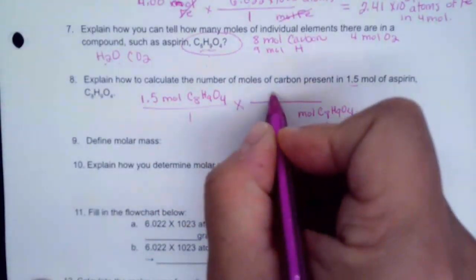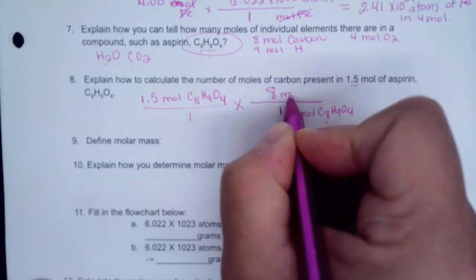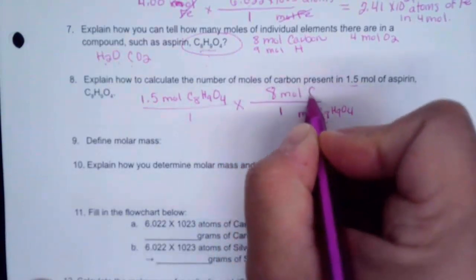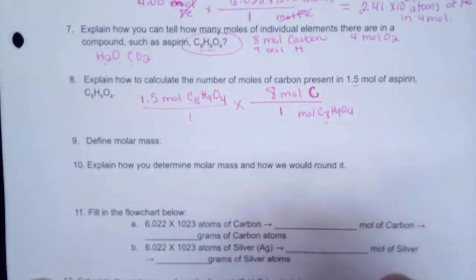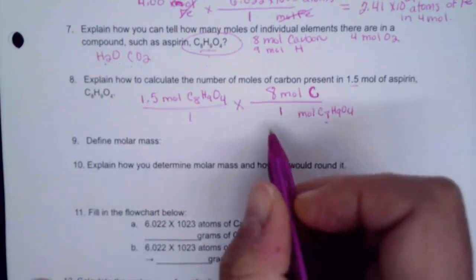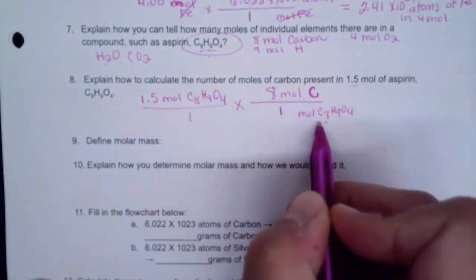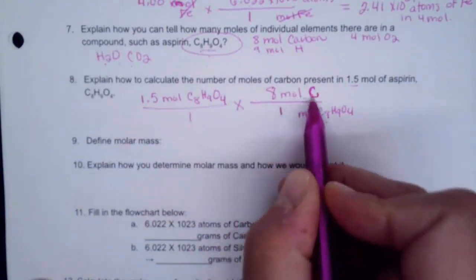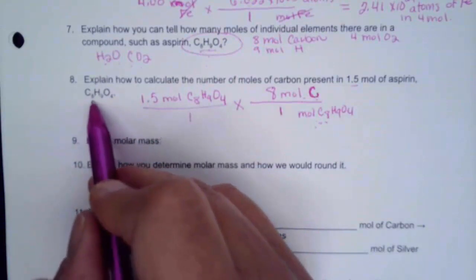So we would put up here that there are 8 moles of carbon in 1 mole of C8H9O4. So hopefully you see where I was getting that. In this particular 1 mole of this compound, there are 8 moles of carbon that make it up. We got that from looking at the subscript down here.